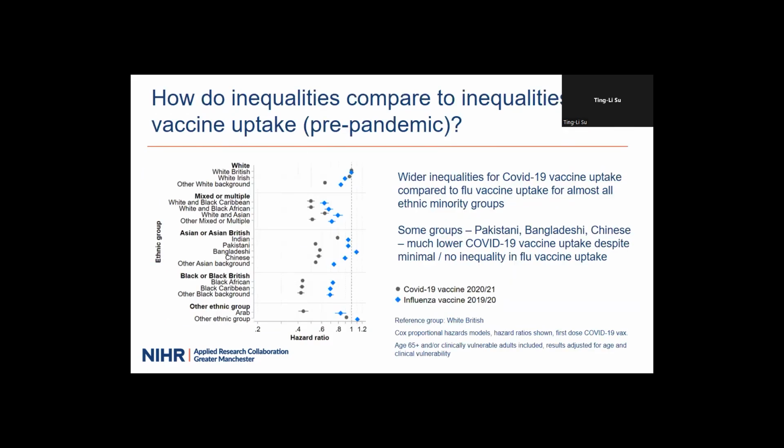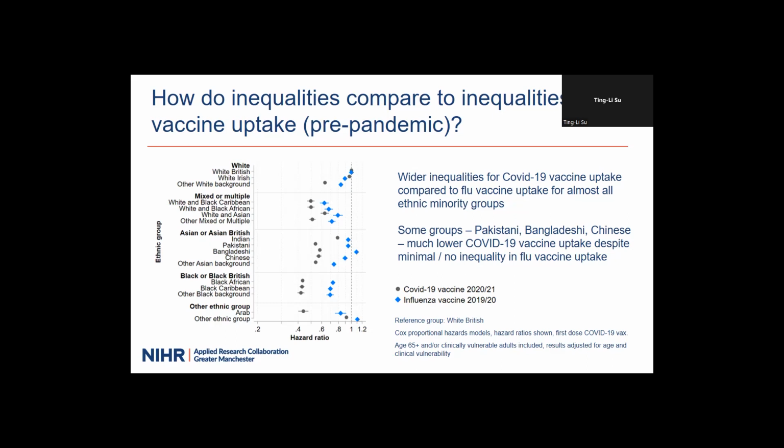So to compare to routine vaccination then, we decided to focus on flu vaccine uptake because very similar groups of adults to those who are prioritised for COVID vaccination are encouraged to take up a free NHS flu vaccine each winter. So it's slightly different as people are over 65 and with certain health conditions, but it's a relatively close overlap.